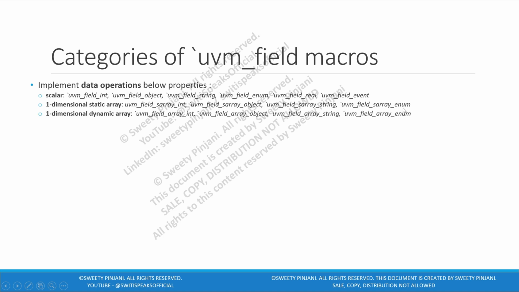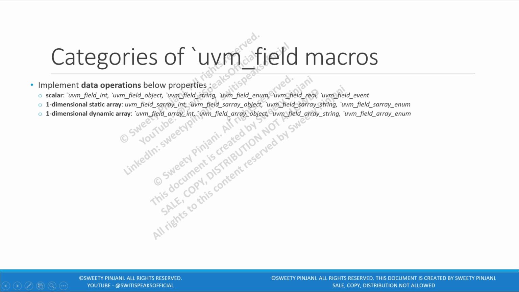Then you can also have one-dimensional dynamic arrays. For that we are using prefix UVM field array. For static we had used S array. For dynamic we are just using array. Then again depending on the data type, for example, if you are implementing the data operations for one-dimensional dynamic array of integer, it is UVM field array int.